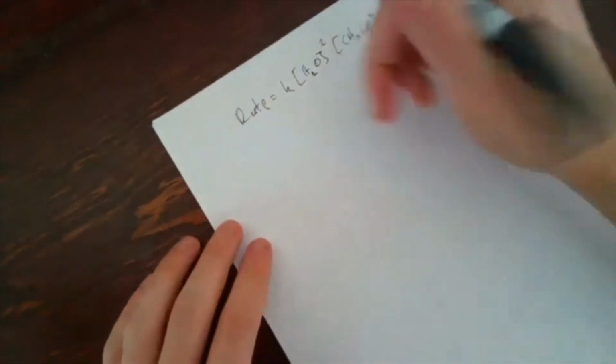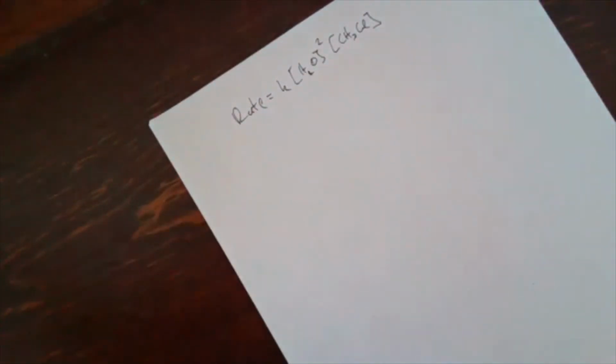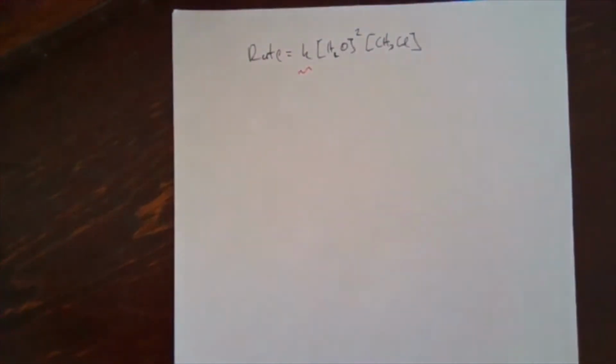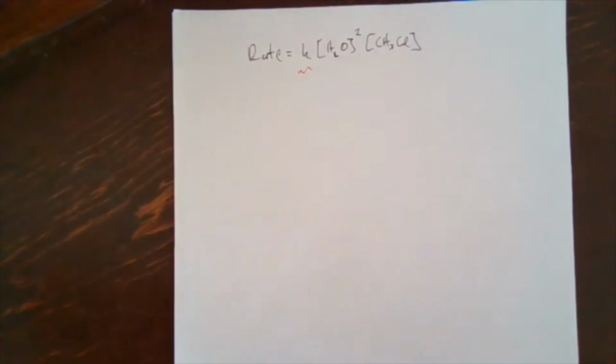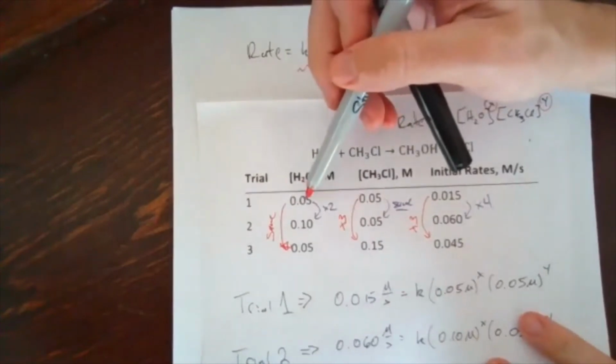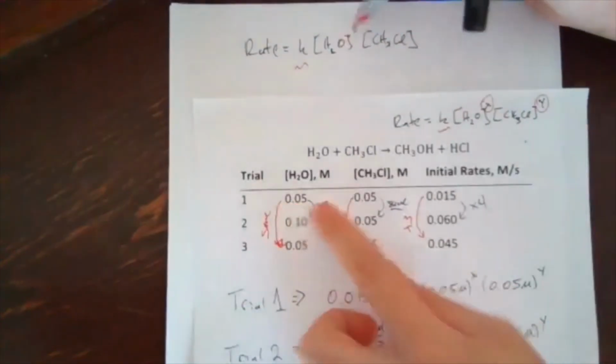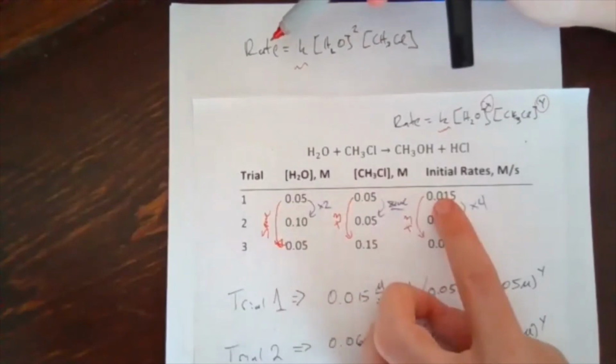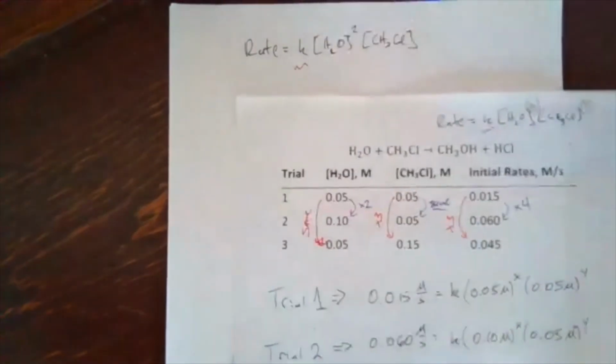So what this means is the only variable I want to know is K. I have an equation. If I know every other variable, I'll be good. So what I can do is I just pick any of the trials, because that gives me concentration of reactant and rate. And I can just plug those values in.